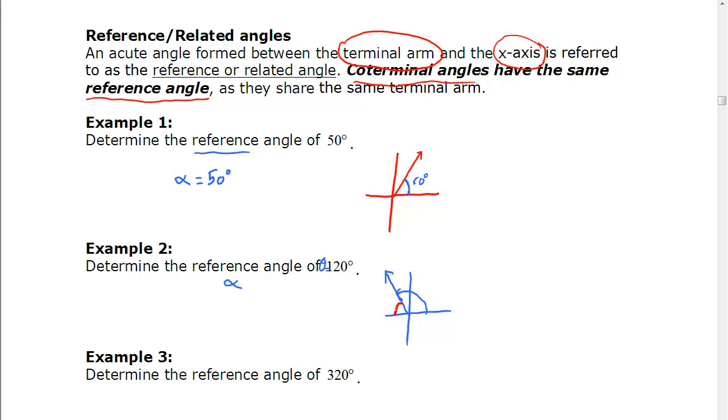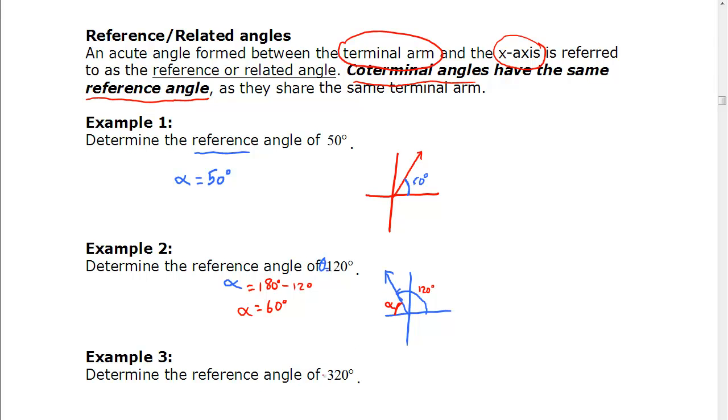So the shortest distance from that side to the x-axis is right there. This is alpha. How do we find that? Well, we know the straight angle is 180, and we know this angle here is 120. So the difference, 180 minus 120, gives us 60 degrees. And so that's the reference angle, the angle between where the angle stops and the x-axis.